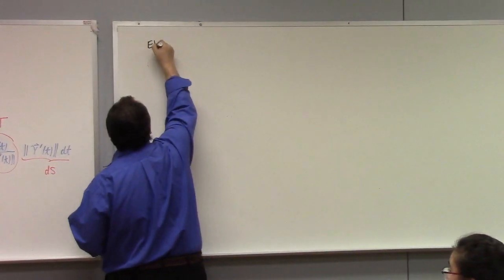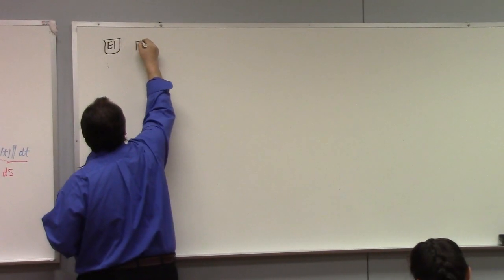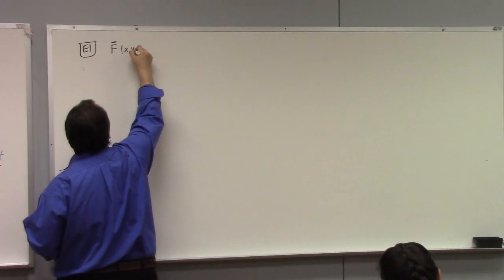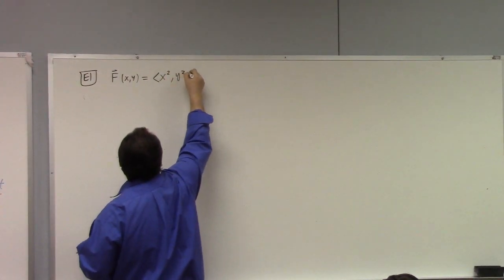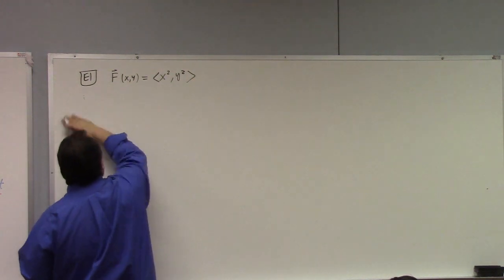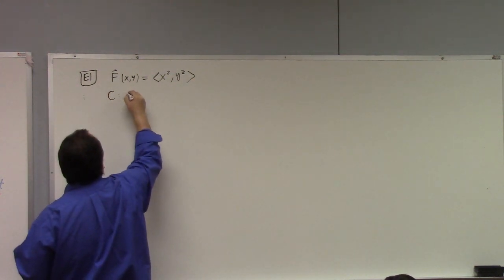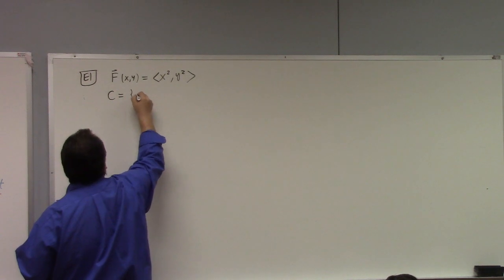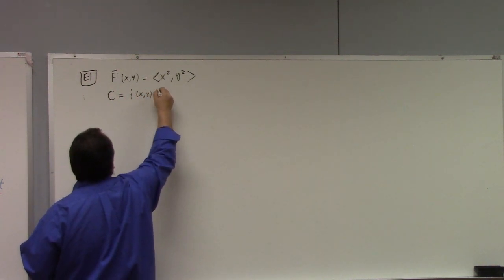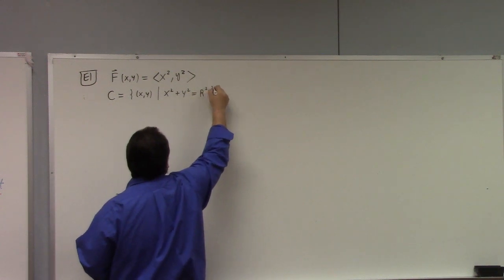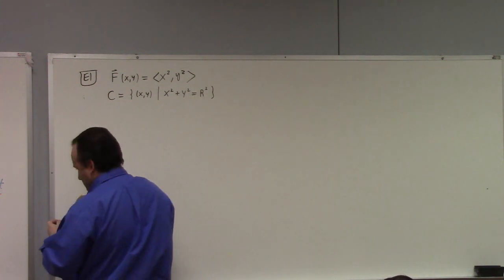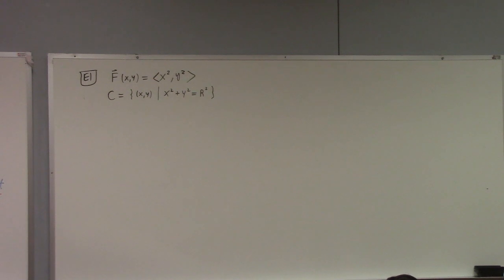So let me see if I can find you one that's going to be 0. How about this? F of x comma y equal to, let's say, x squared y squared. That's interesting enough. And let's let our curve be x comma y such that x squared plus y squared equals r squared. Could you guys tell me what that is? Now, you're like, wait, hold on a second.